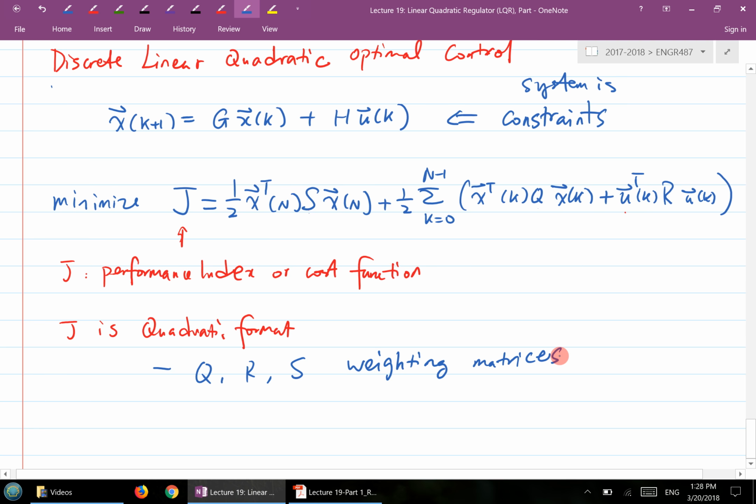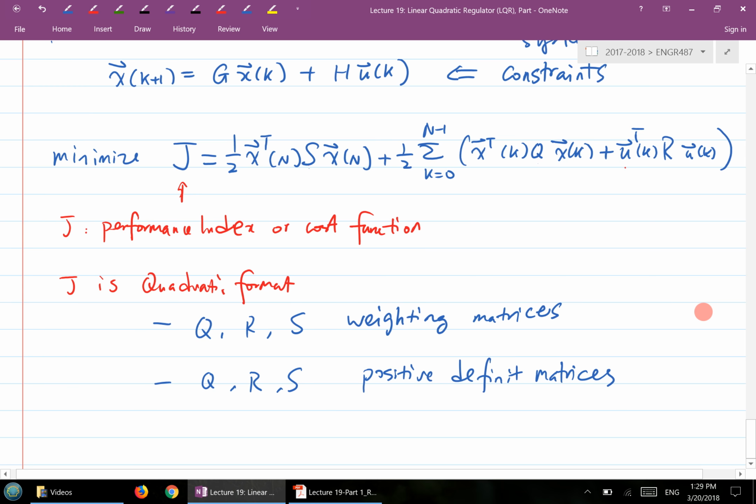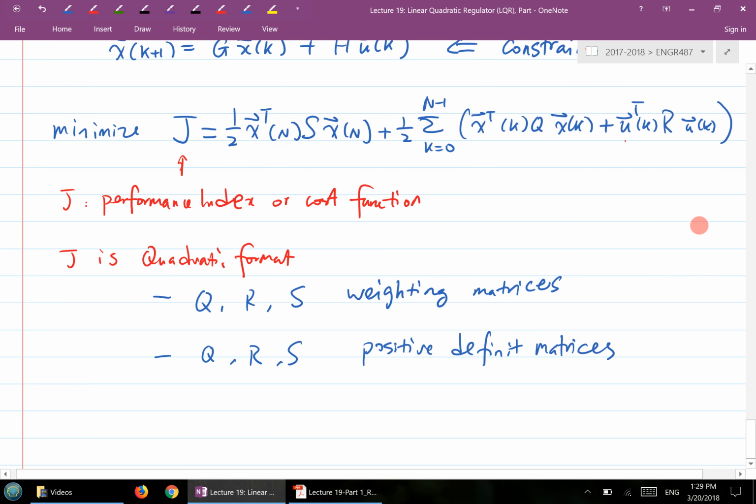In particular, you will pick Q, R, and S as positive definite matrices. And also you will pick these three matrices as real symmetric matrices.